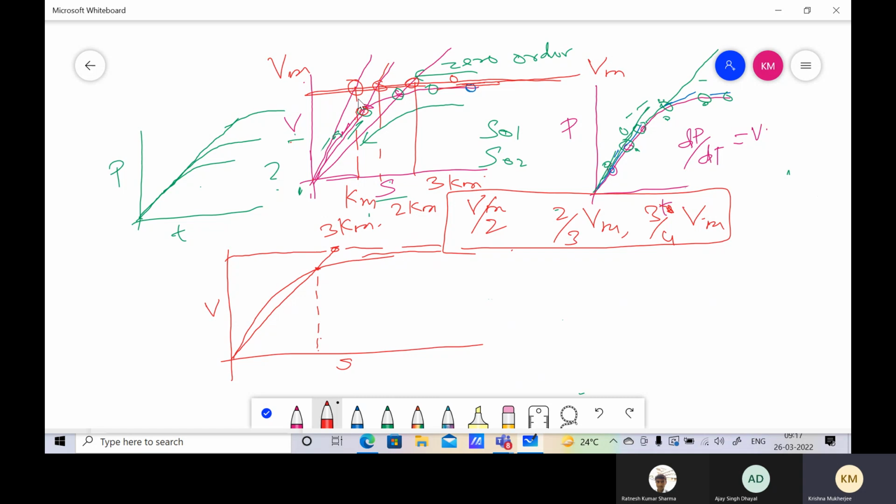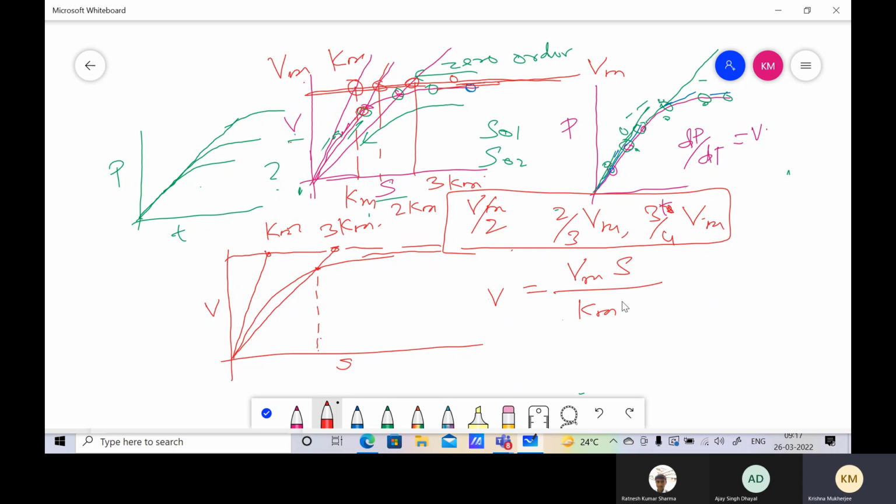Let us find out when it cuts at Km. A line which cuts at Km, what is this line? What is the basic equation? V is equal to Vmax S upon Km plus S.